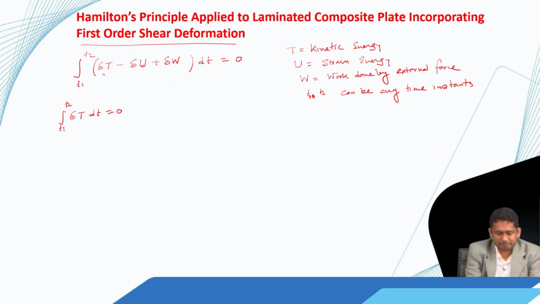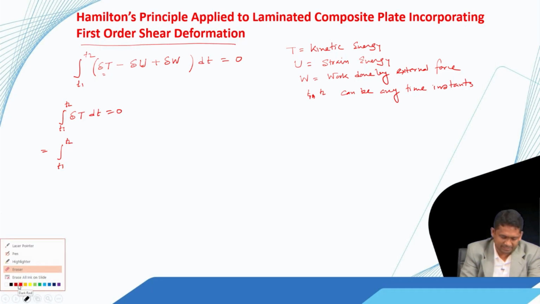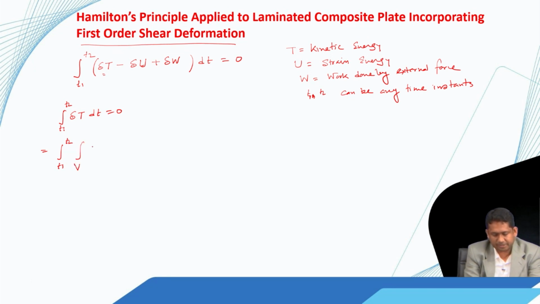Now, let us look at this first. So, delta T is equal to the integral from T1 to T2 of delta T, where T is kinetic energy, and kinetic energy is the volume integral of kinetic energy densities, which we are going to define now.